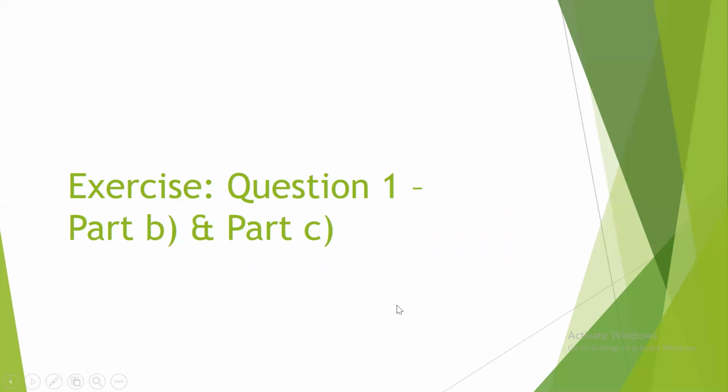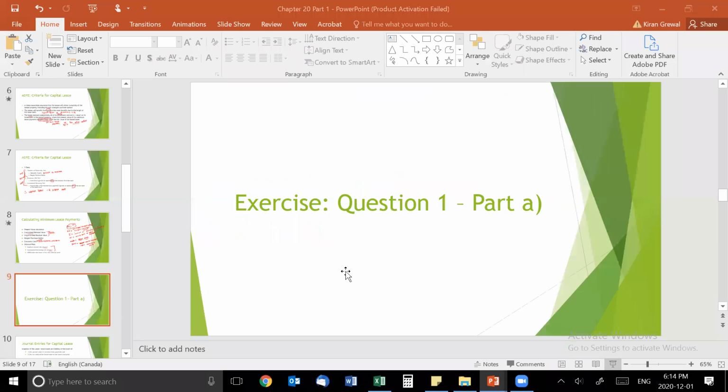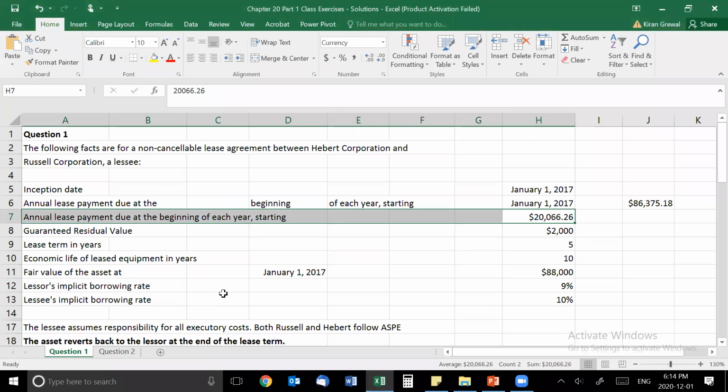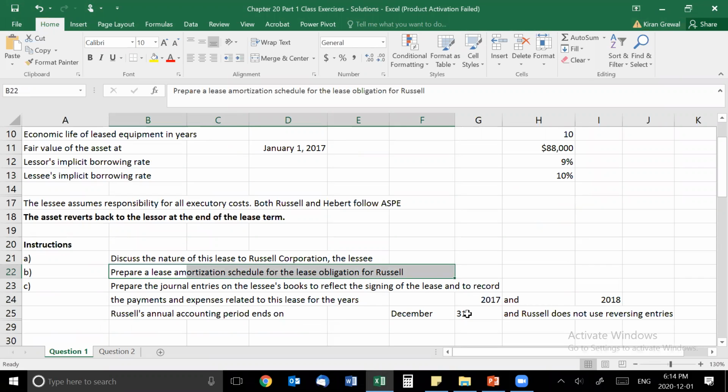Okay, so let's try that. Let's go back to question 1, and then we'll try the amortization table and do the journal entries. So let's try B and C. B says, prepare a lease amortization schedule for Russell, who is the lessee.